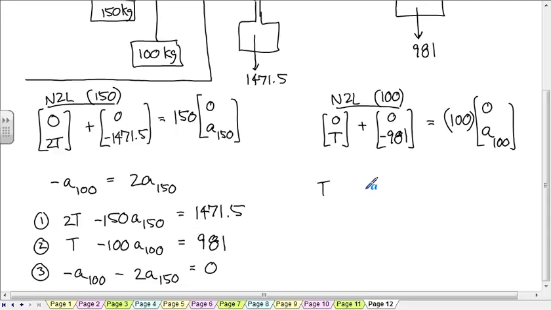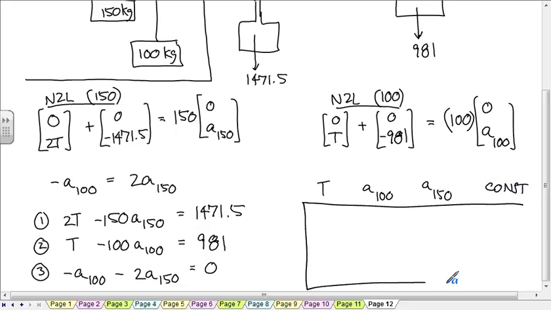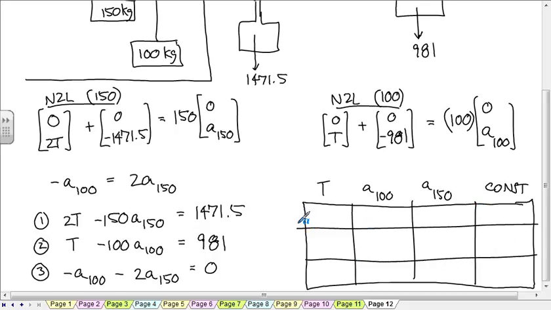And so if you go T, A100, A150, and then the constant, your augmented matrix looks like this: 2, 0, minus 150, 1471.5, and then 1, minus 100, 0, 981, and then 0, minus 1, minus 2, 0. Do reduced row echelon form on that matrix, and it should give you A150. I think that's what you're looking for.